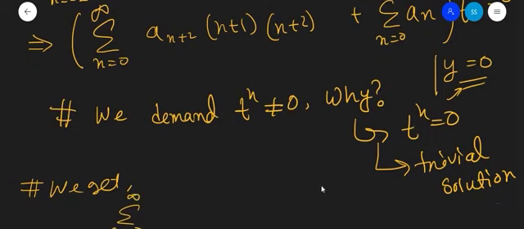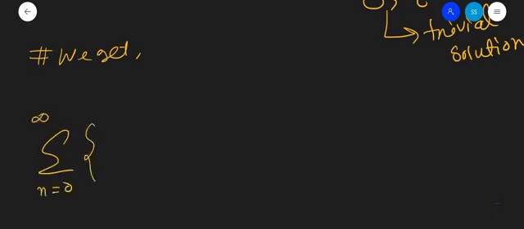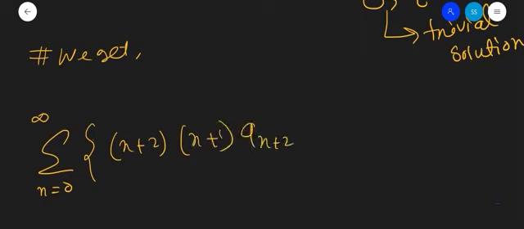Okay, I think this is more convenient. So let me write this thing again. We get the sum over n equals 0 to infinity, and here we have n plus 2, n plus 1, a n plus 2, plus a n equals 0, right?